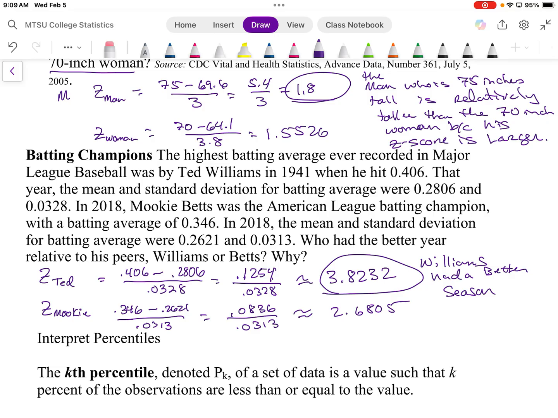So we're going to talk about percentiles later on in some lessons. We'll talk about how I can take a percentile, convert it to a z-score, and how I take a z-score and figure out what percent of the data is below it or above it. That's in a later lesson in a future chapter.